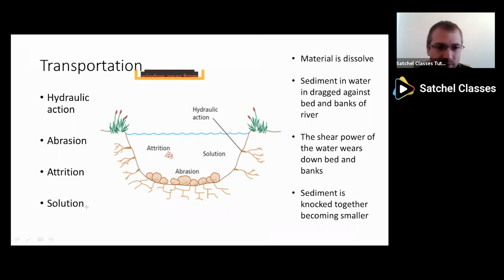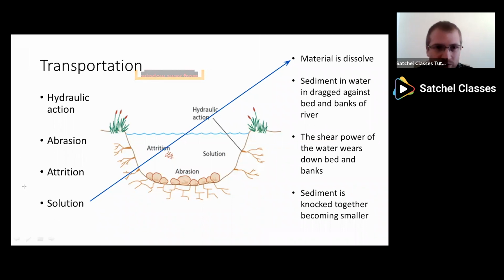So in terms of solution, we know we're looking at dissolved material, and this key term is also used in erosion in transportation as well. Then we can find attrition.